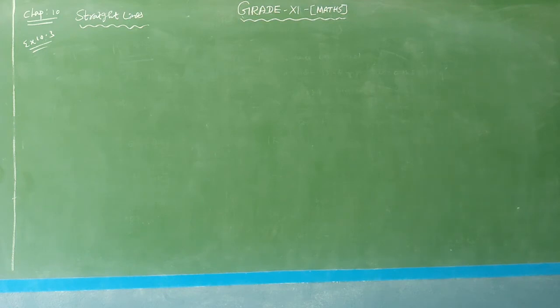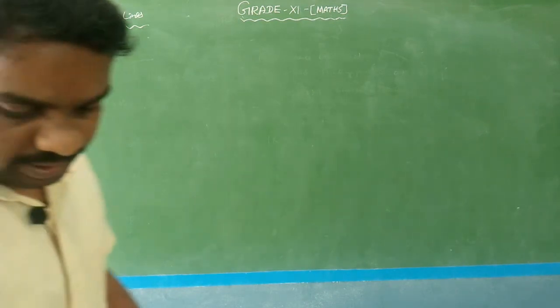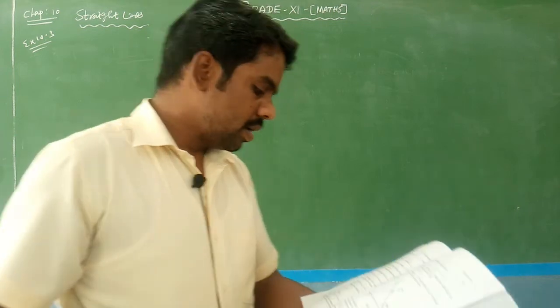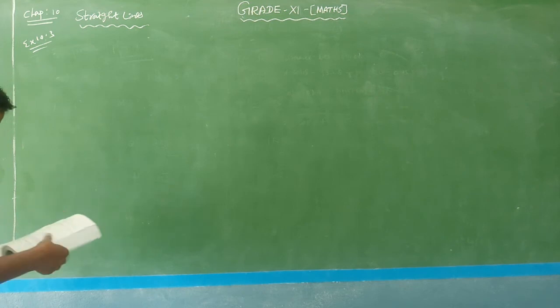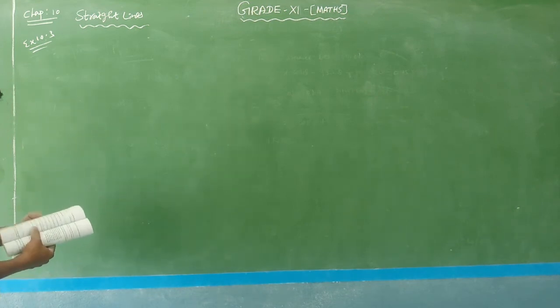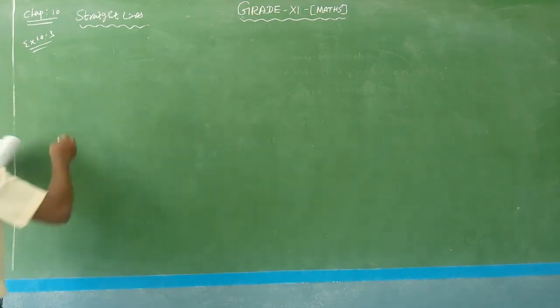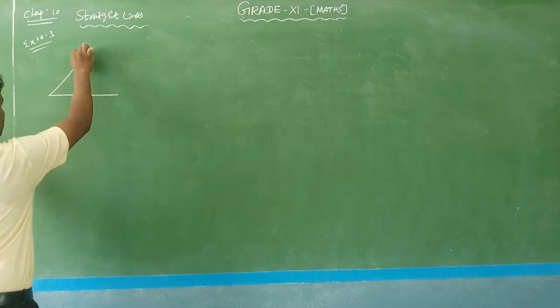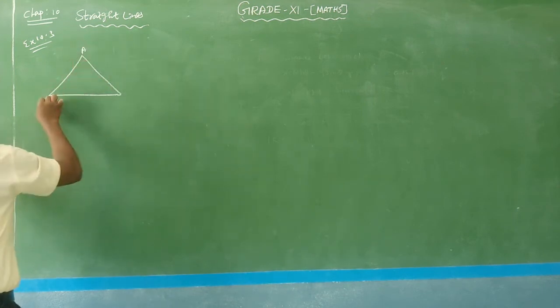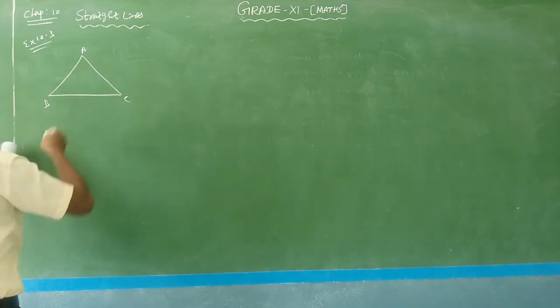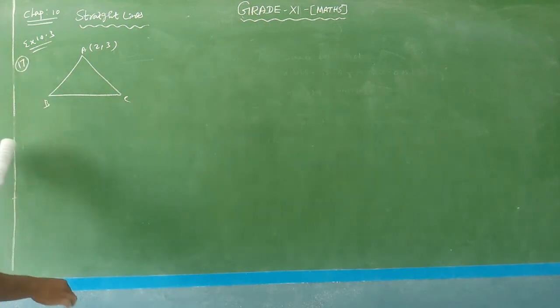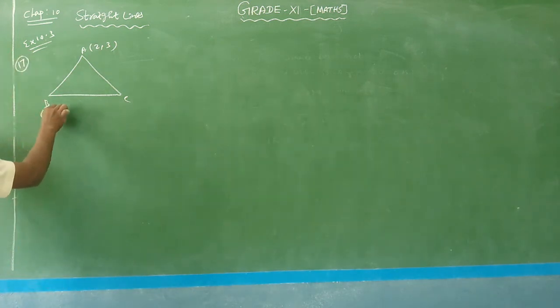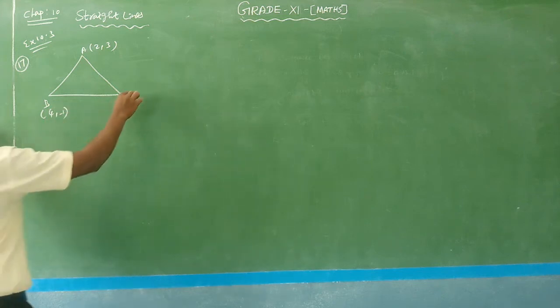Next, question number 17. In triangle ABC, the vertices are A is 2, 3, B is 4, minus 1 and C is 1, 2.